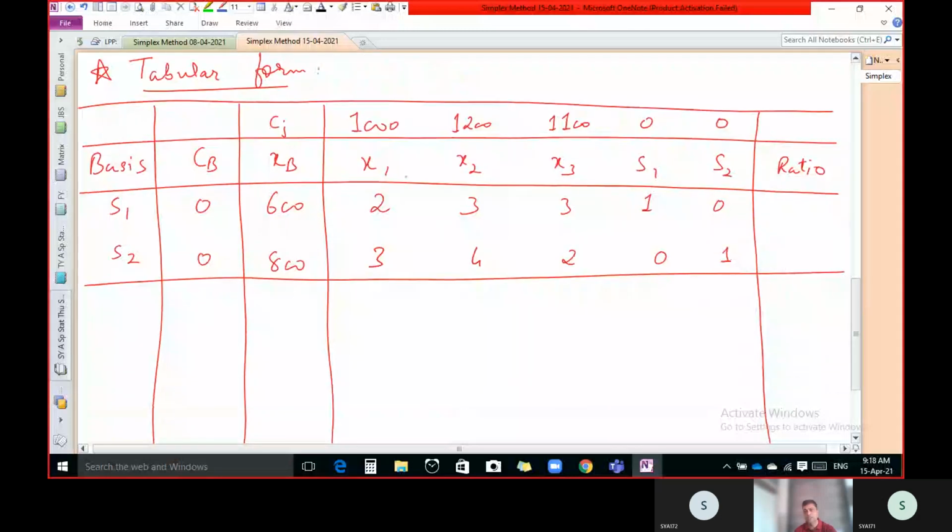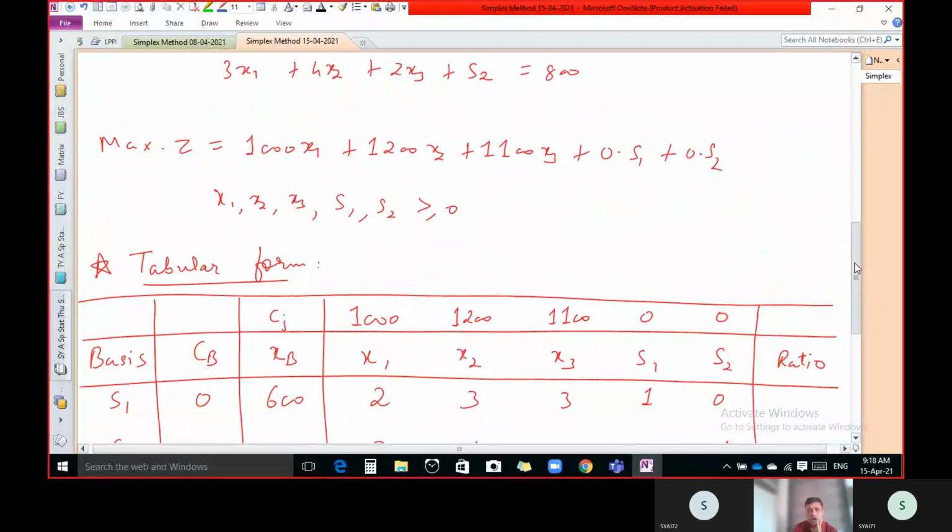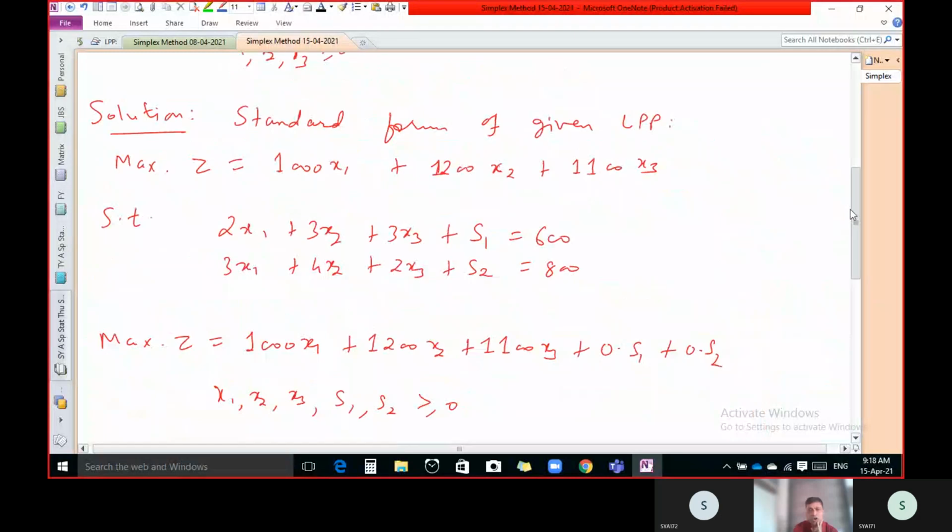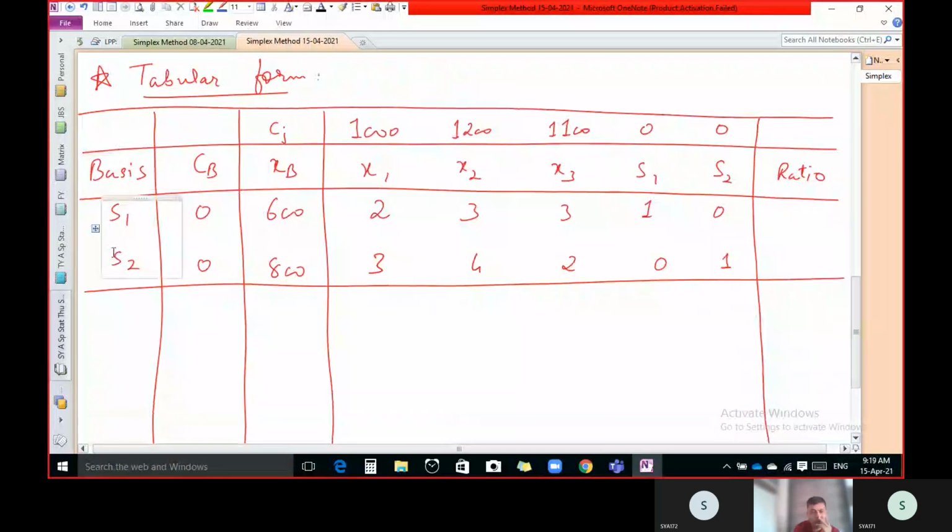Okay. Then our next step is, so this is nothing but the tabular form of the standard form. This is my standard form, converting this standard form into tabular form. The format of the table should be like this. The first column is basis, then CB, then XB. Here you would write CJ, all variables X1, X2, X3, and slack variables, surplus variables you would write here.